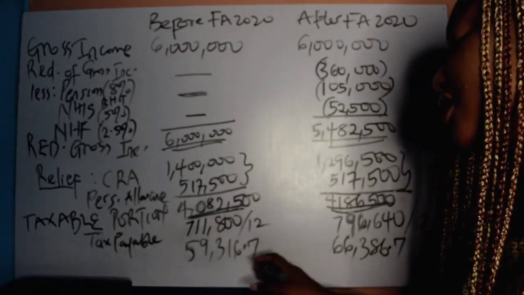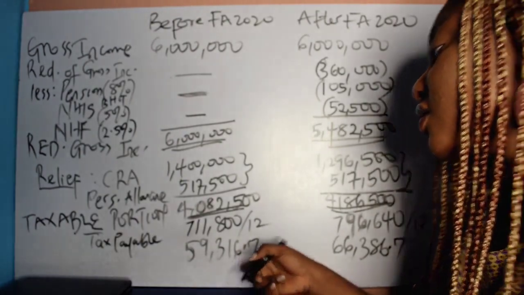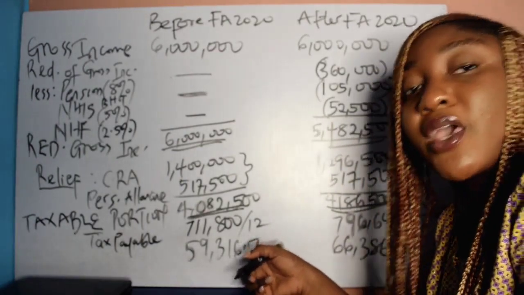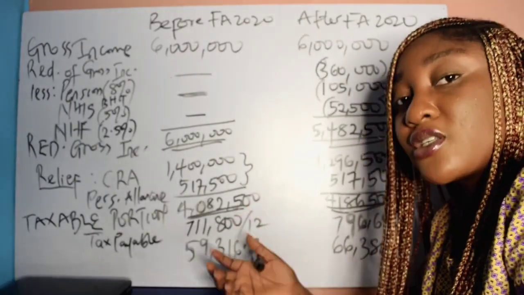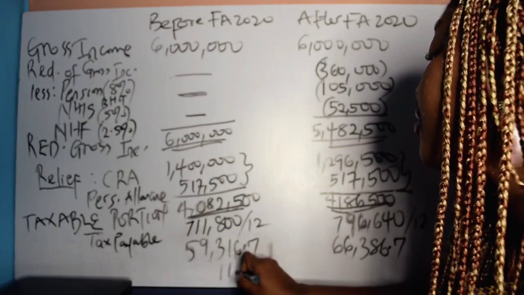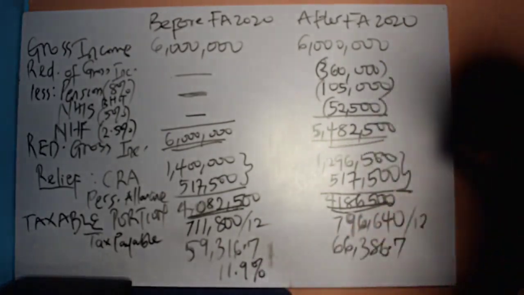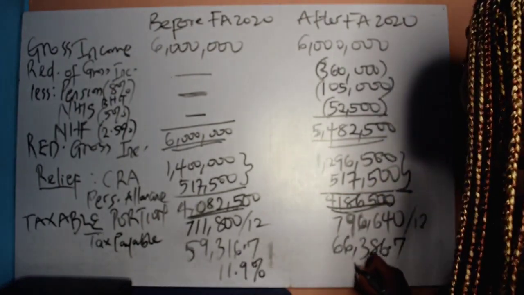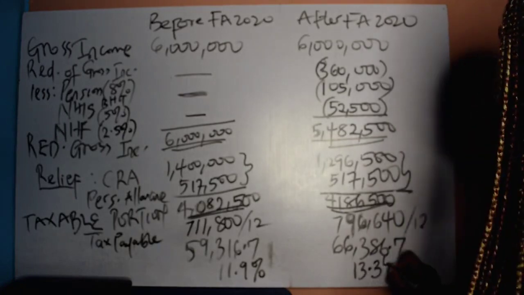So if you want to get the effective tax rate, you just say 59,316, which is how much you pay monthly, divided by 500,000, which is the salary you receive monthly, times 100%, and that gives you 11.9%. And here gives you 13.3%.